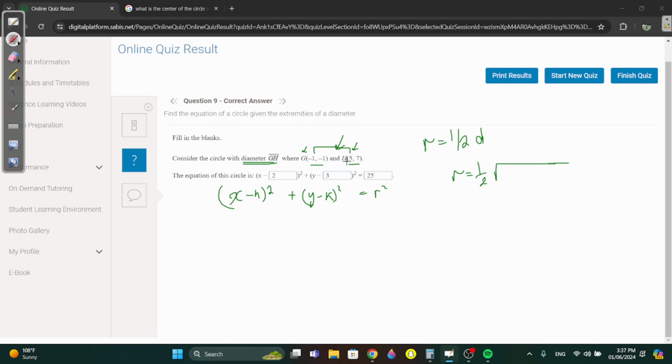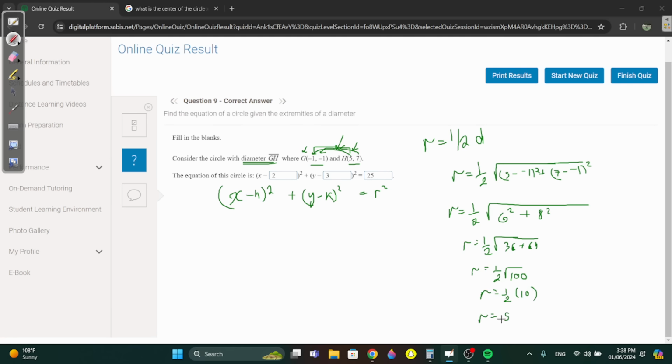It's the radical of (5 − (−1))² + (7 − (−1))², which is half of the radical of 6² + 8², so half of the radical of 36 + 64, which is half of radical 100, which is half of 10, which is 5. So my radius is 5.